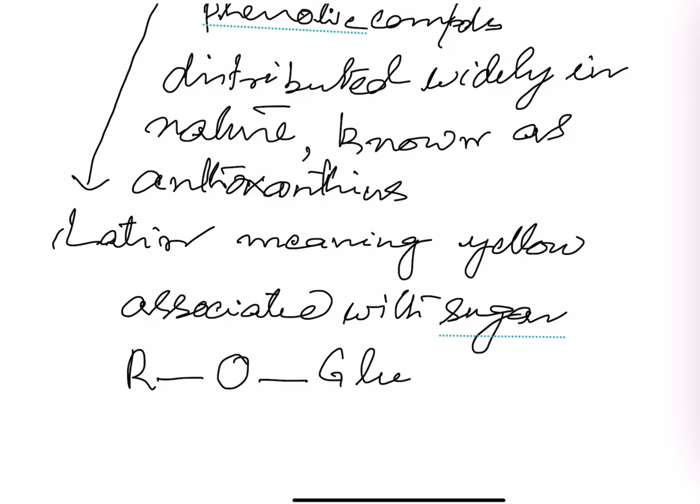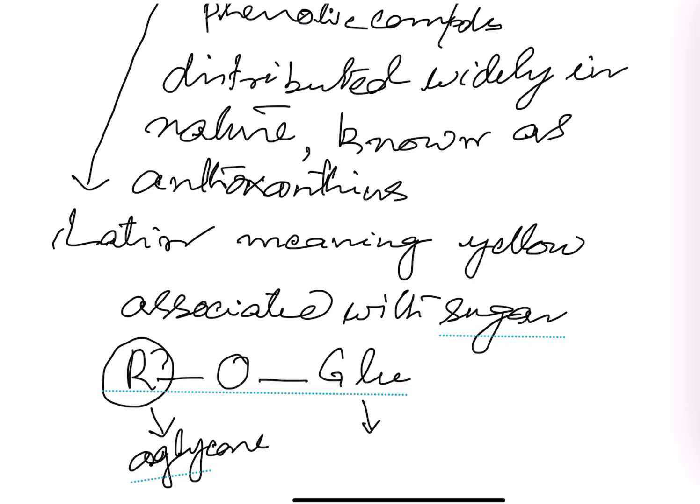This R part is called the aglycon, and GLU is your glucose.